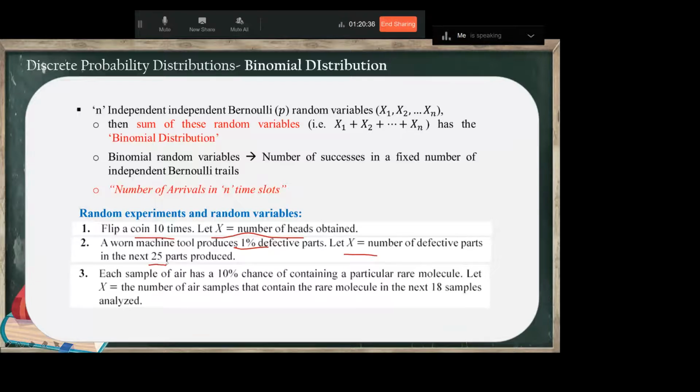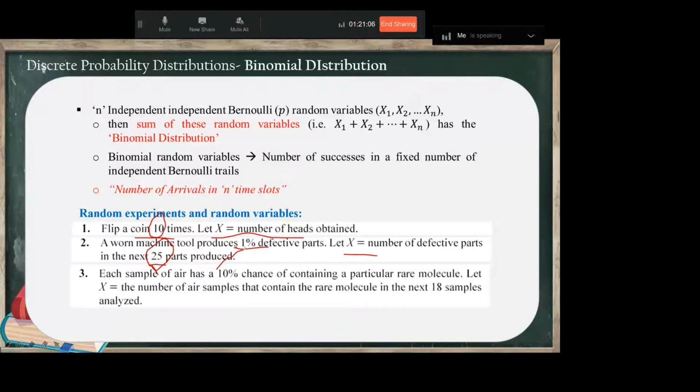How do we do that? Well, let's go to the next slide. Flipping a coin 10 times is binomial because we limit n. And a worn machine tool produces 1% defective parts. X is the number of defective parts in the next 25 parts. So n is given, so this is also binomial. If n is not given, it's simply Bernoulli, right? Each sample of air has a 10% chance of containing a particular rare molecule.